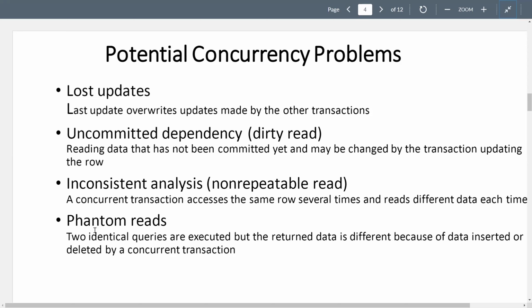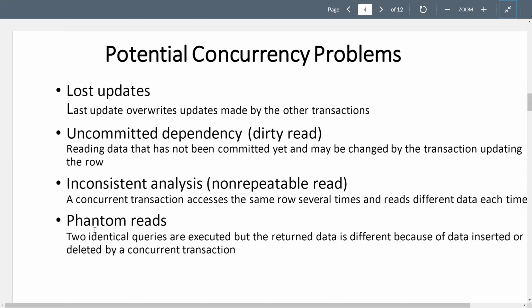Then other concurrent transactions may see a record, but later they run the same query, they will not see that record. For example, the same query is run twice, maybe just milliseconds apart.